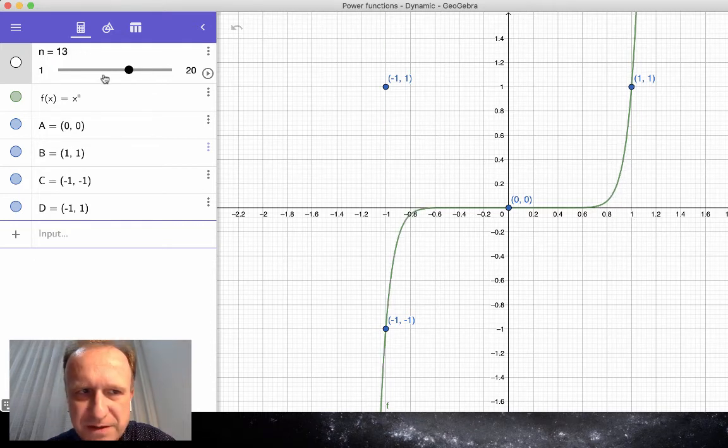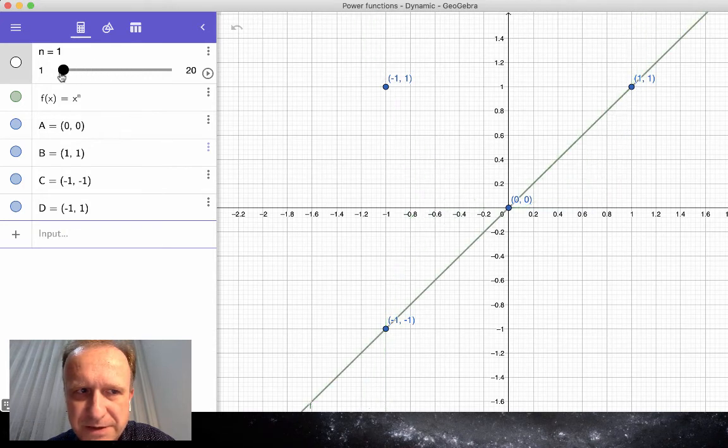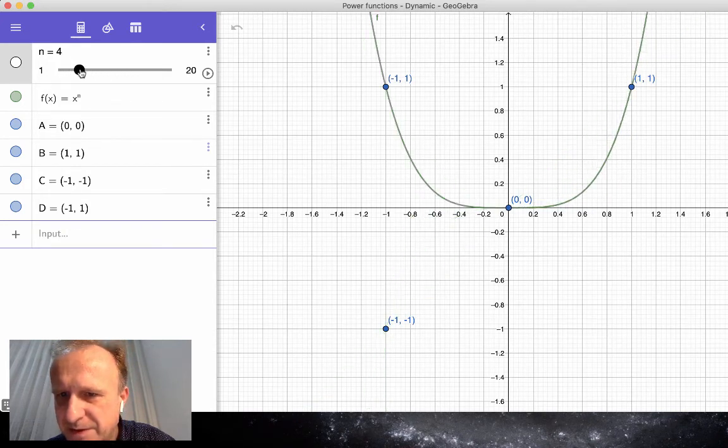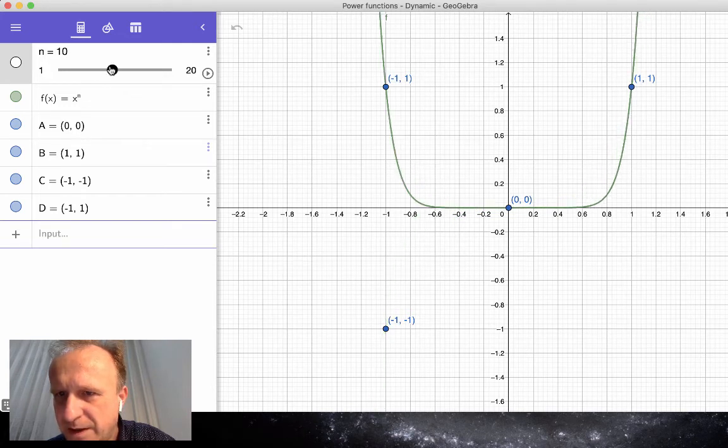So look at it again. I will first take this slider to the smallest value, and as I increase it, the graph becomes flattened in the region between 0 and 1 and steeper for higher values of x greater than 1.